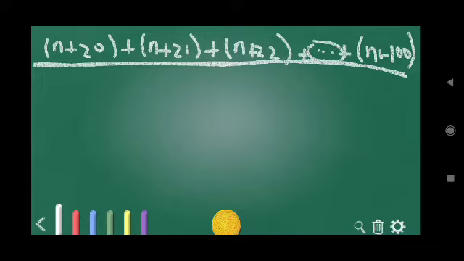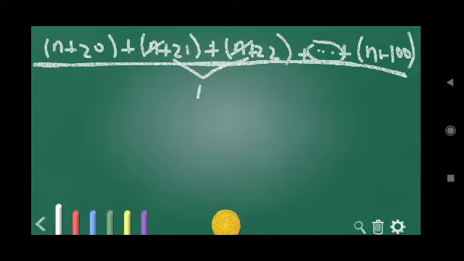Again, we can tell if it is an arithmetic series if the common difference among at least two consecutive terms is the same. So two consecutive terms, we take n + 22 minus n + 21, n cancels each other out. 22 minus 21 is 1. But that's not enough.